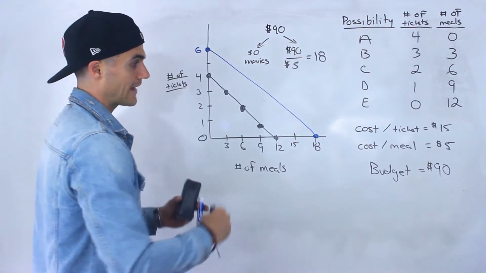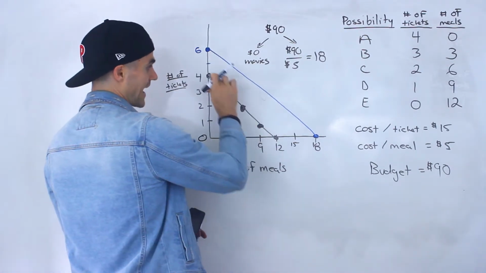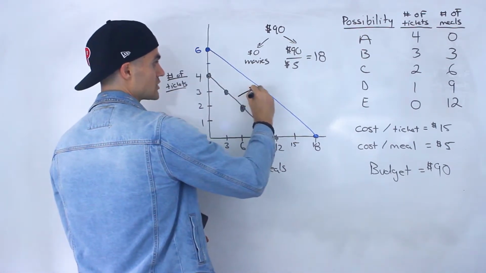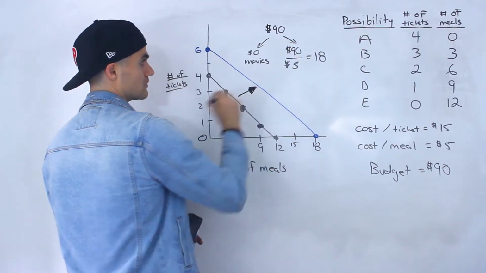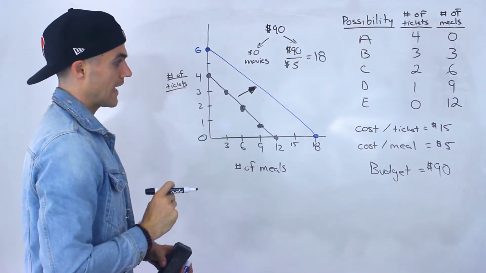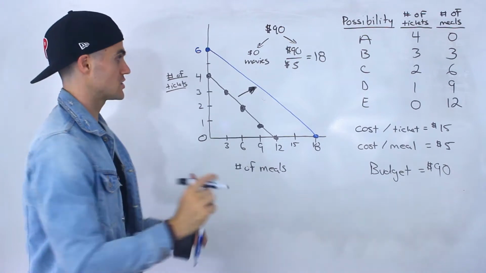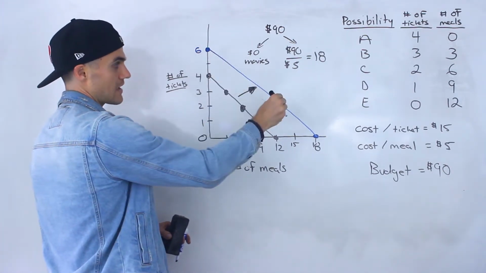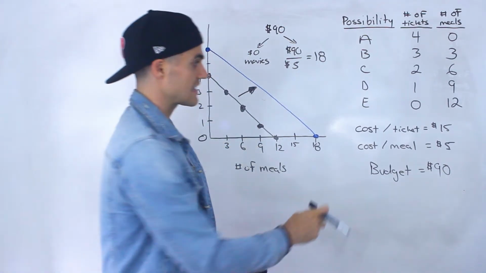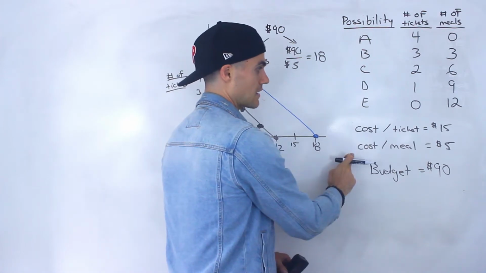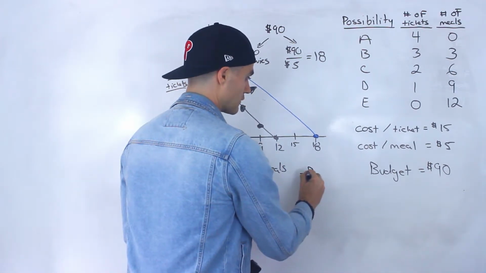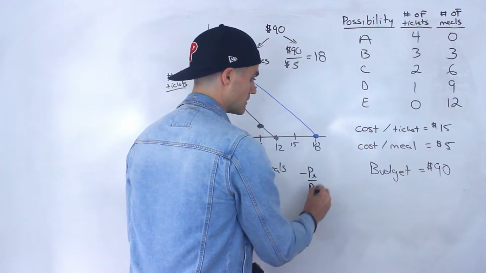And so what an increase in budget does is it actually takes this line and it actually shifts it out like that. And notice the steepness didn't change. The steepness is still the same because these prices are the same. So remember the slope, negative px over py.